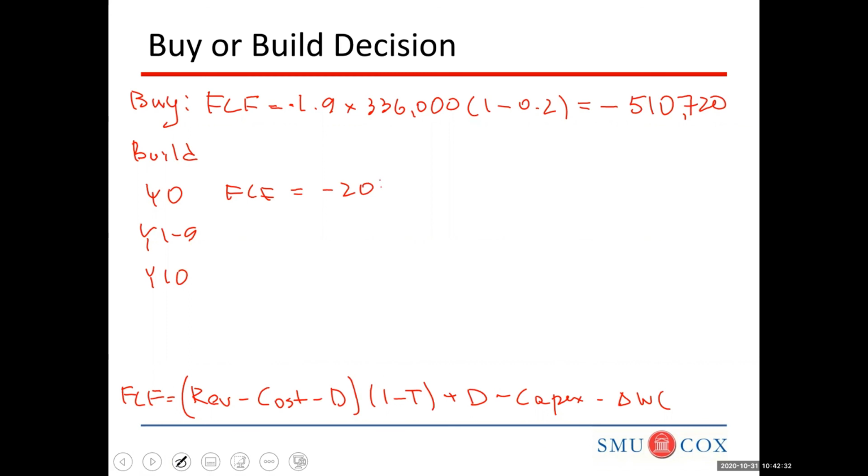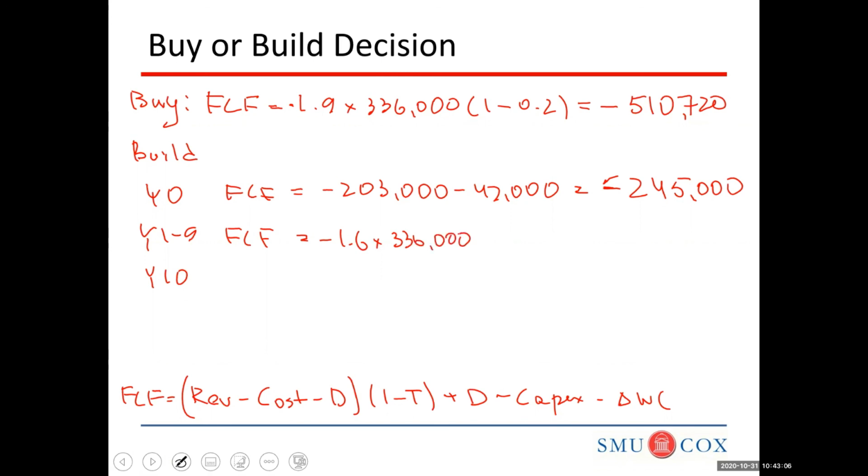There's minus 203,000 minus 42,000, which is minus 245,000. And then free cash flow in years 1 through 9, there's no CapEx, no working capital, but it'll be similar to what we calculated for buy. So it'll be 160 negative. They'll make these chains for 160. The volume is the same, 336,000, and the tax rate is the same.